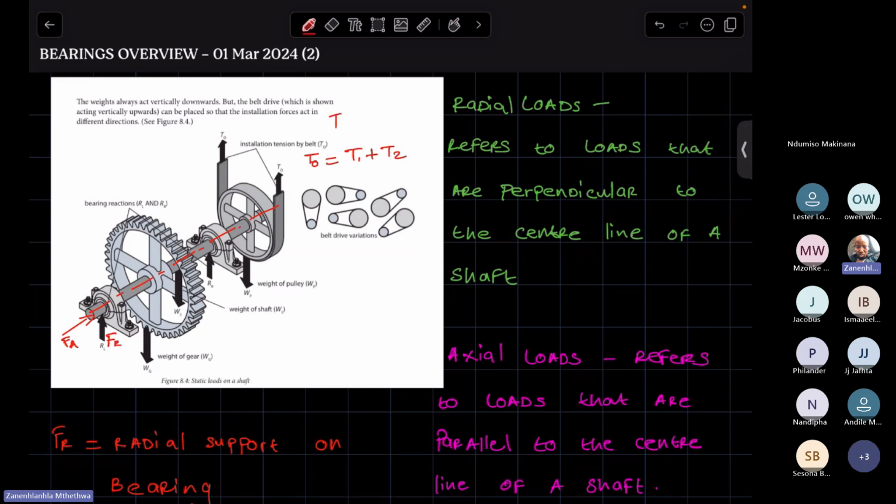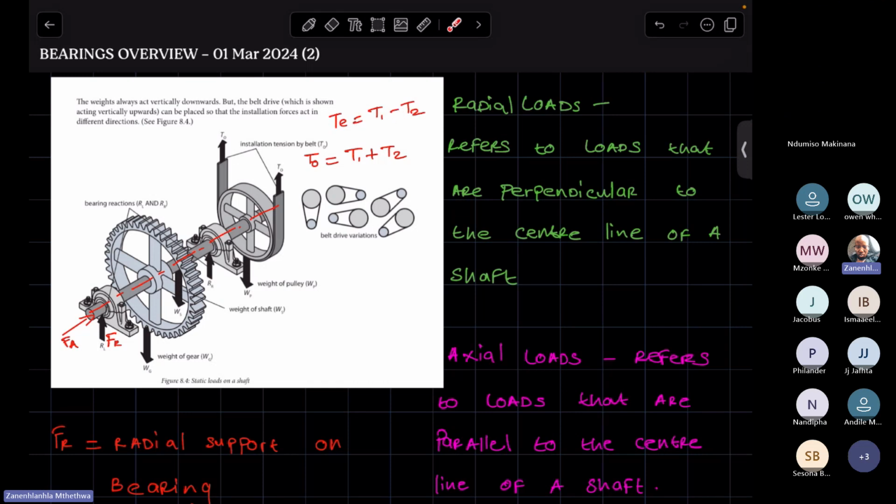Effective tension is denoted as TE, and TE is equal to T1 minus T2.